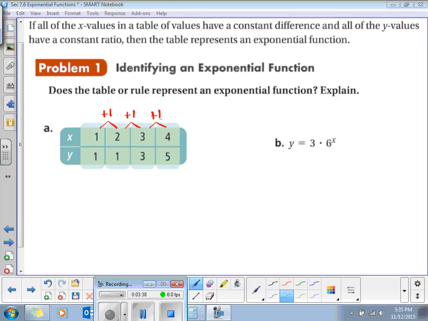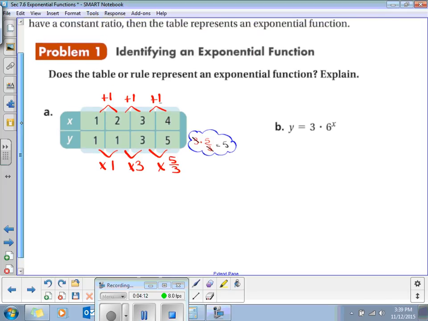So now we're going to see what can I multiply to get from 1 to 1, 1 to 3, and 3 to 5. So here, to get from 1 to 1, we're just going to multiply times 1. To get from 1 to 3, we're going to multiply by 3. And to get from 3 to 5, we're going to multiply times 5/3.